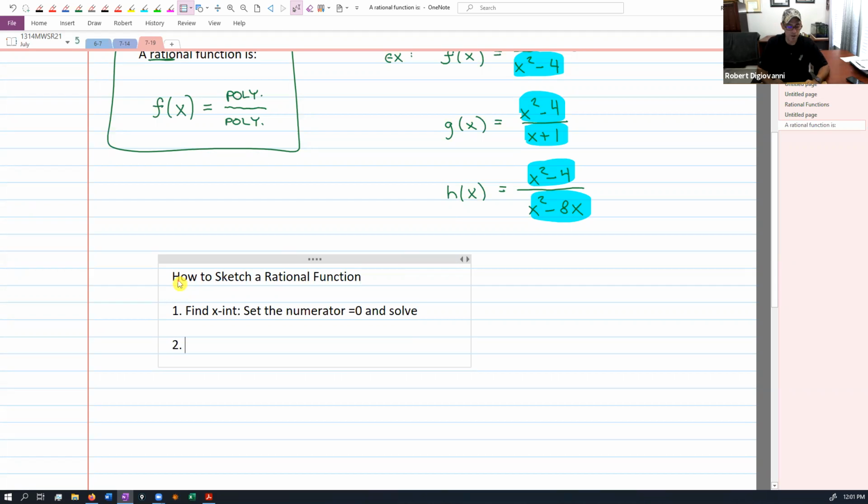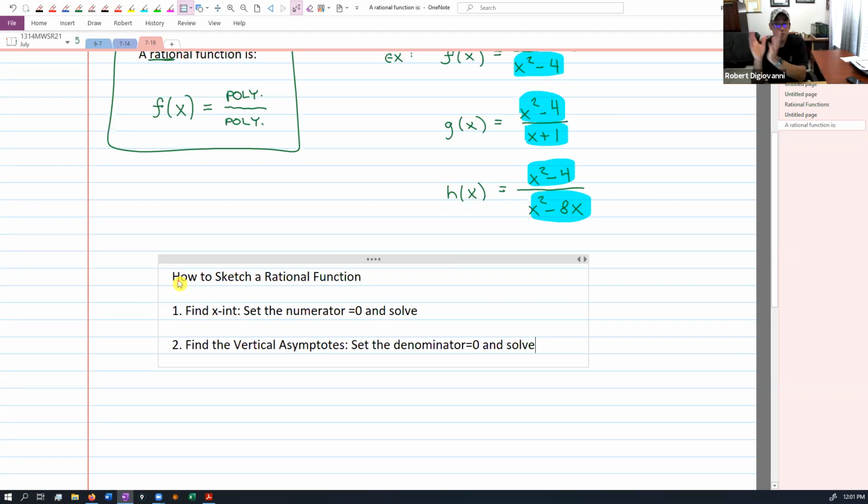The next thing we're going to do is find the vertical asymptotes. And to do that, we will set the denominator equal to 0 and solve. So when you think about what I'm asking you to do here, to sketch a rational function, you're going to look at the top, set it equal to 0 and solve it. Then you're going to look at the bottom, set it equal to 0 and solve it.